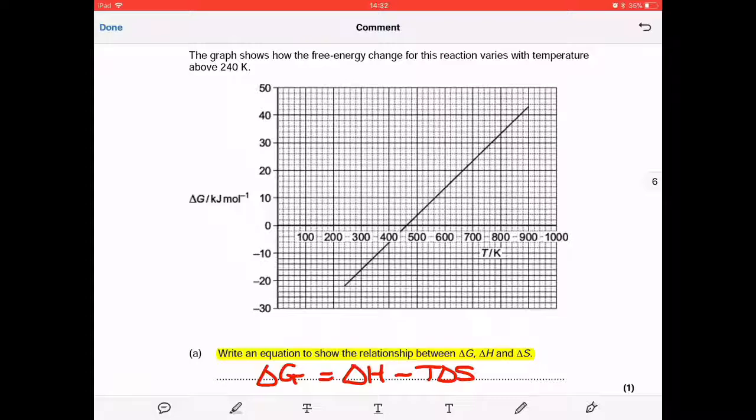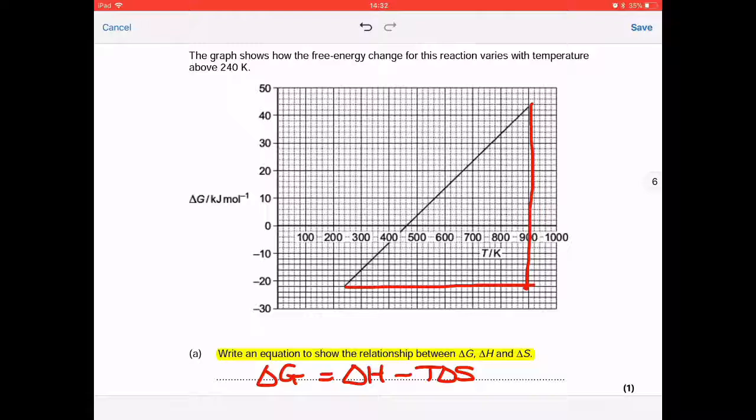Now, in terms of the slope itself, if you make a triangle out of the information, we can use that triangle in order to calculate the gradient of the line. The value at the tip of the triangle here is 43, and below that is approximately minus 22.